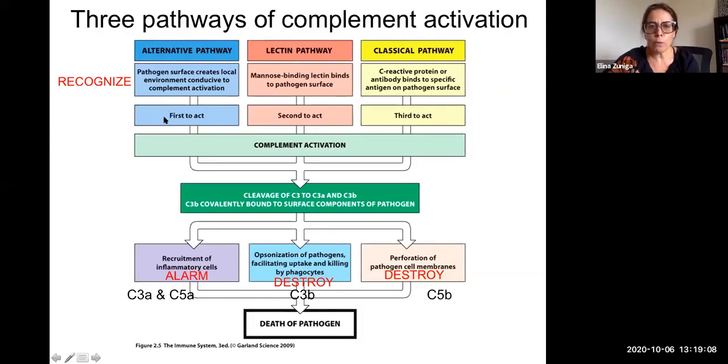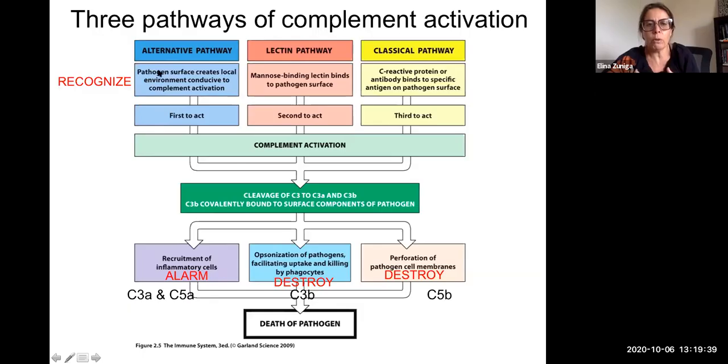The first one to be activated is the alternate pathway, in which the surface of the pathogen will create a local environment that is conducive to the activation of some of these serine proteases. There is a lot of chemistry on that I will not go through, and if you are interested, you can read the book, but it will not be evaluated.